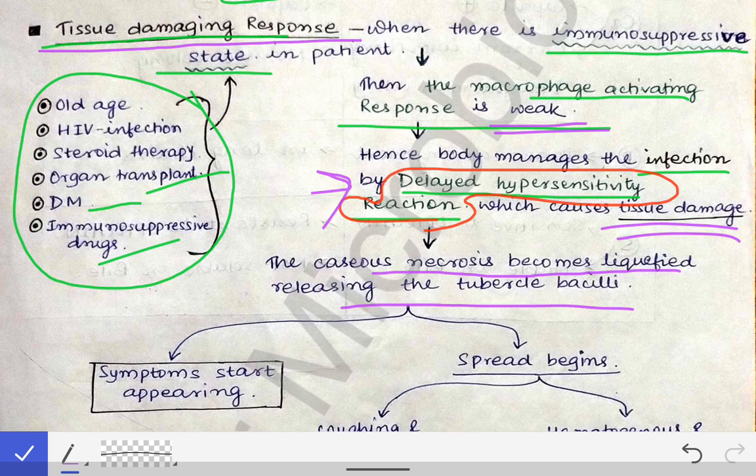And under the influence of the tissue damage, caseous necrosis liquefaction also occurs. So now the caseous necrosis is no more able to keep the tubercle bacilli in a latent, dormant state. So what is happening after that?